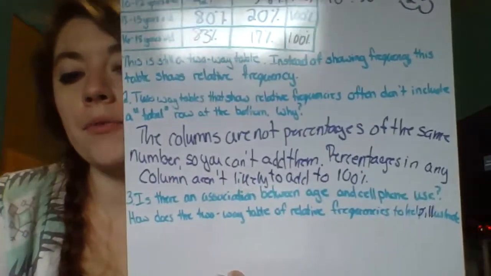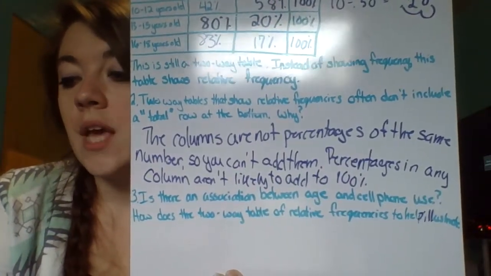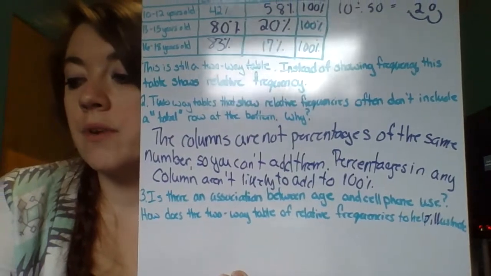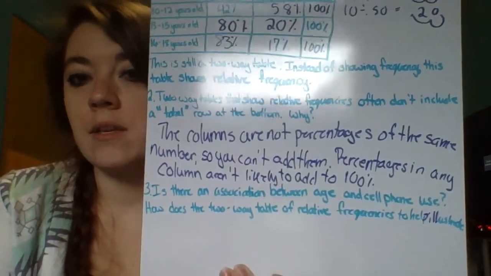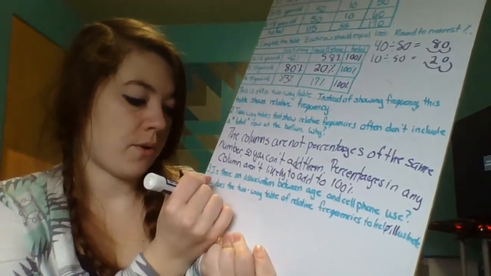All right, and number 3. Is there an association between age and cell phone use? How does the two-way table of relative frequencies help to illustrate this? So if we look, is there an association? Yes, there is.